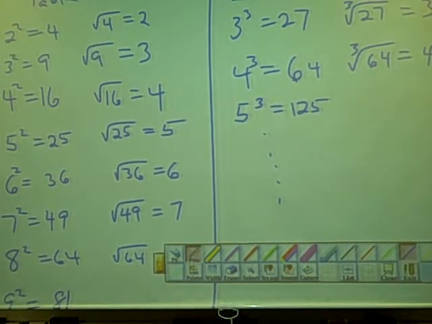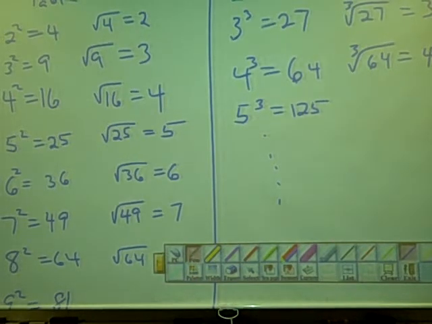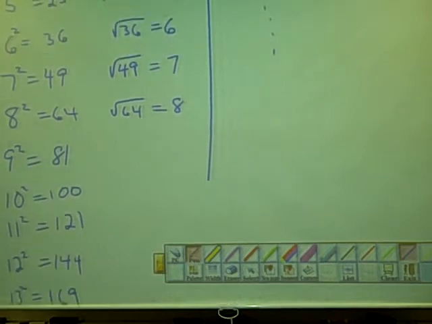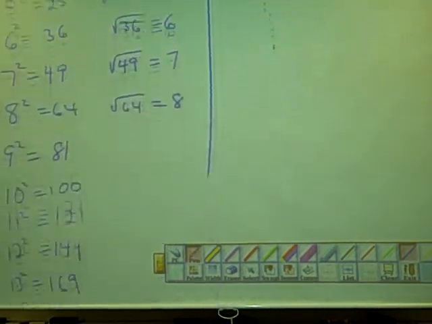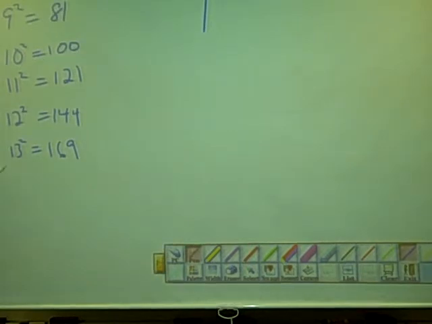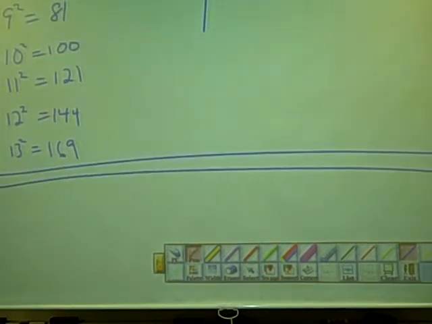Just keep on going down like that. That would help you work through these problems. Come up with a table for yourself. All right, any questions with that?